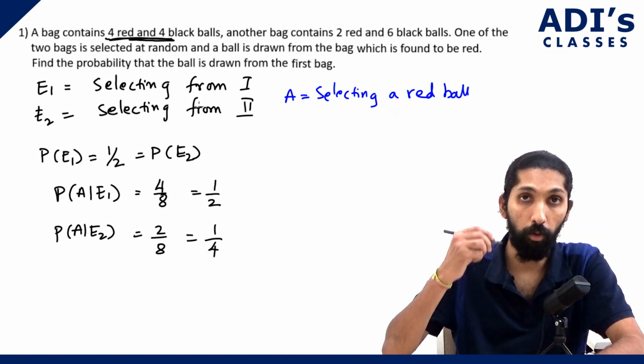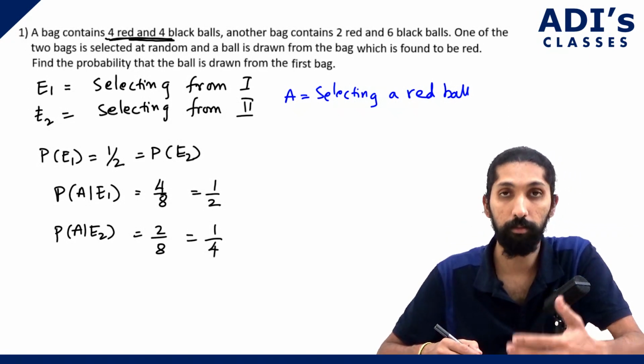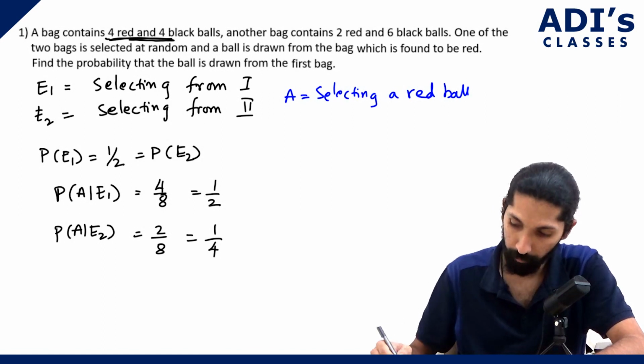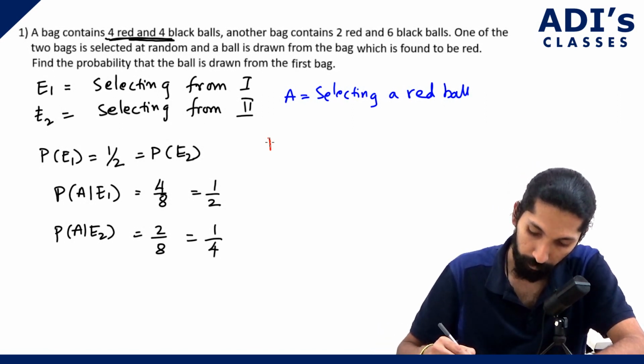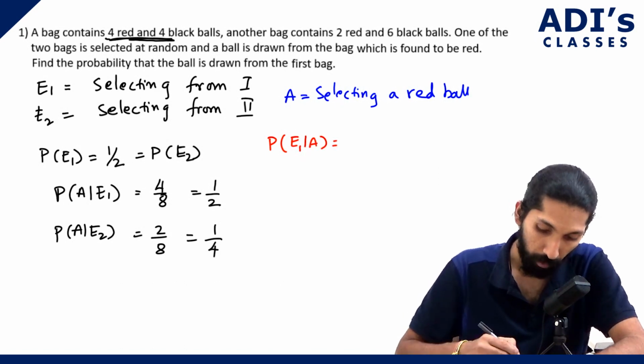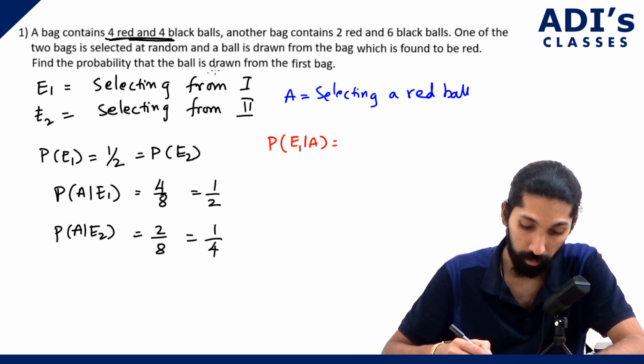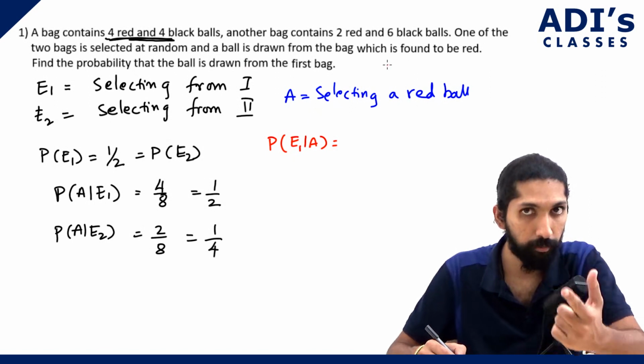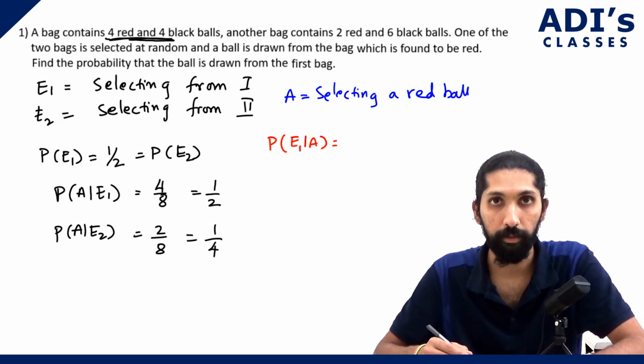Make sense? Now, what is the final formula? Like using the Bayes theorem, what will be the final formula? So we have to take the formula P of E1 given A, correct? Because find the probability that the ball is drawn from the first bag, and that too it is found to be red and it has to be from the first bag, correct?